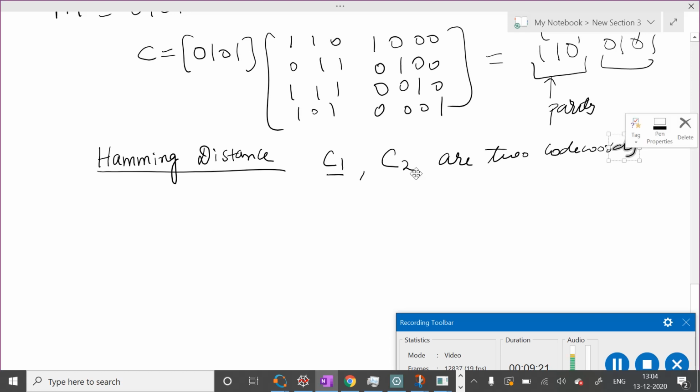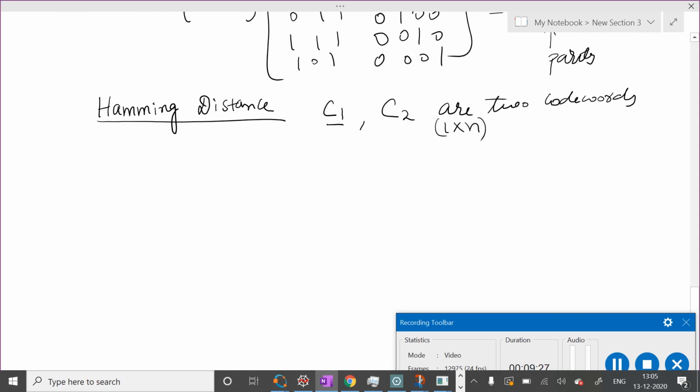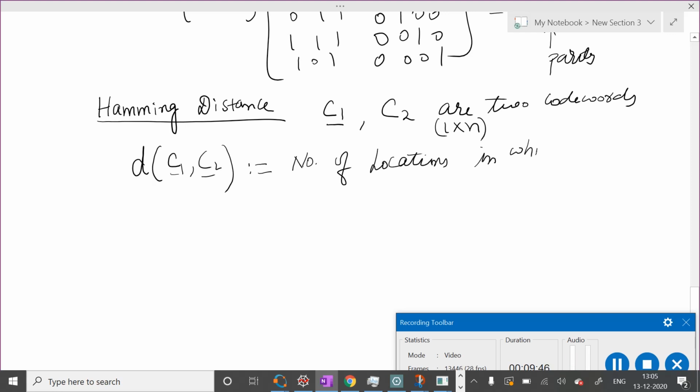Of course they have the same number of elements; they are both 1 cross n. Hamming distance is denoted by d(C1, C2), and it is defined as the number of locations in which their respective elements differ.